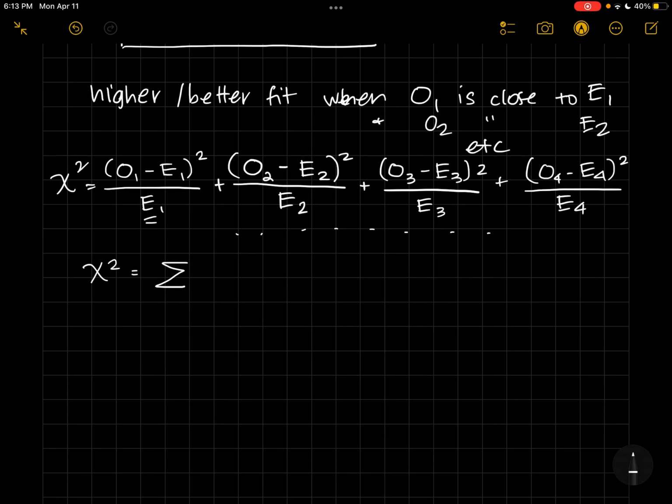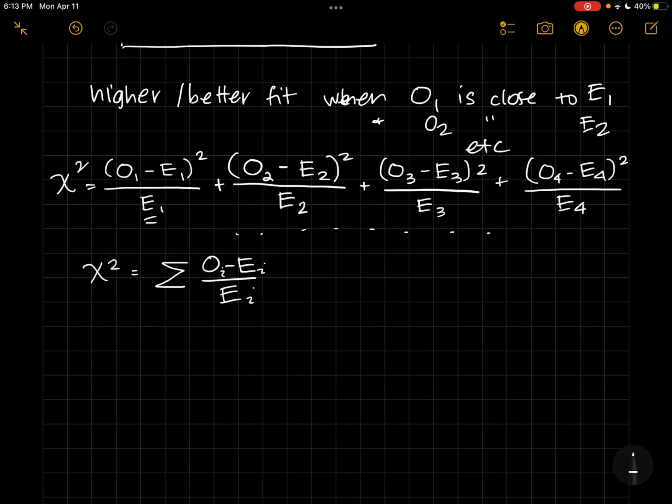So we say it's the sum of O minus E over E. And if we have, let's say, I values, like I equals 4 in our case, but I could equal like a bajillion.